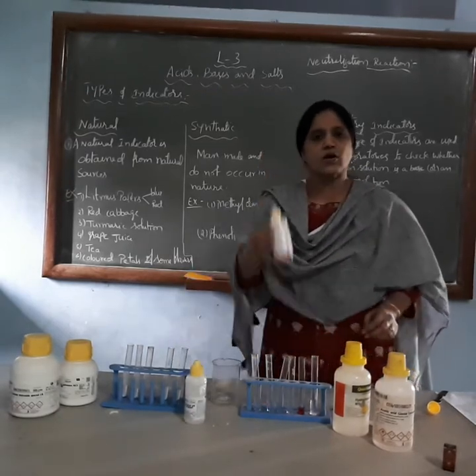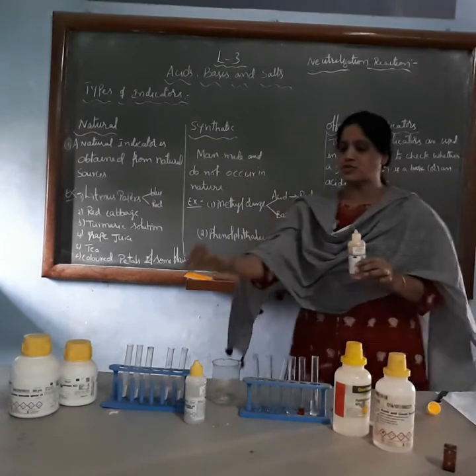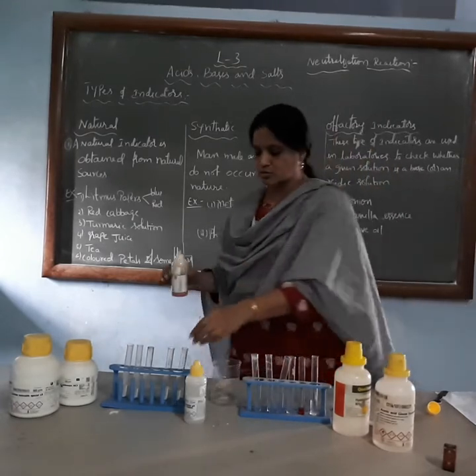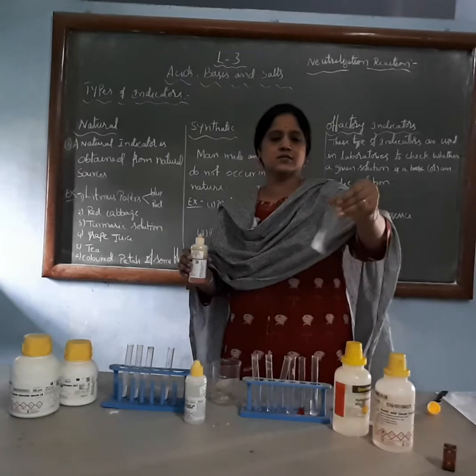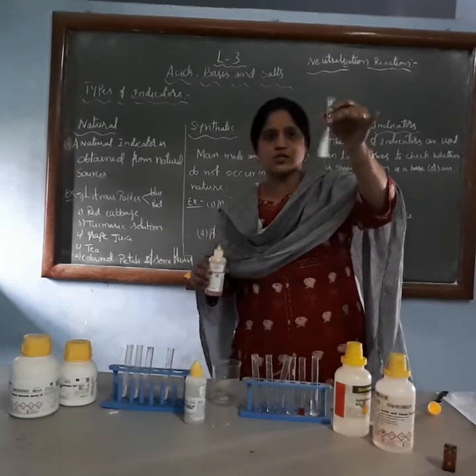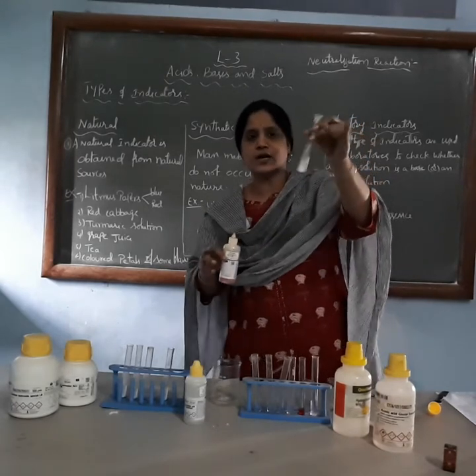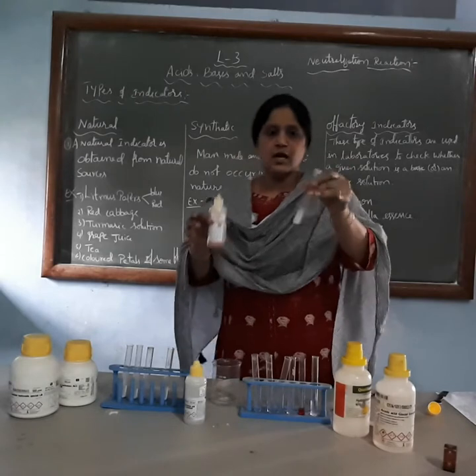The same methyl orange in basic medium changes into yellow. Here I took all the bases, so I'll take one base. I prepared the sodium hydroxide solution by adding a little water to sodium hydroxide powder.